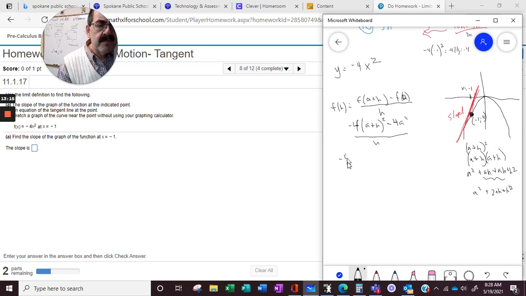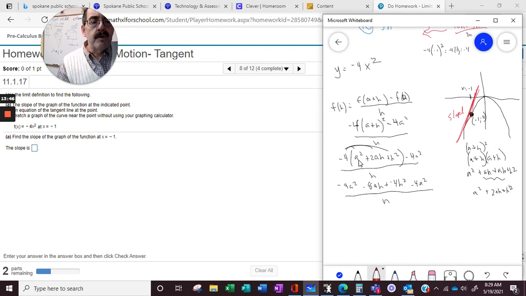So negative 4 times a squared plus 2ah plus h squared, minus 4a squared, all over h. And that'd be distribute: negative 4a squared minus 8ah minus 4h squared minus 4a squared, all over h. You know you did it right when those go away.